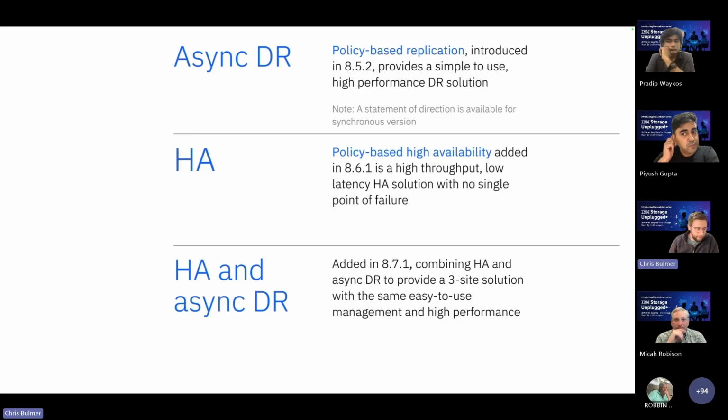While work started around 2018 or 2019, the first release was in 2022 in the 8.5.2 release, and we announced something called policy-based replication. This was a ground-up redesign of our entire asynchronous replication technology in the product, effectively replacing Global Mirror and Global Mirror change volumes with a single solution.